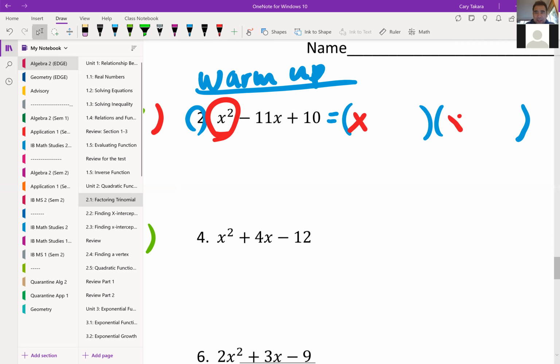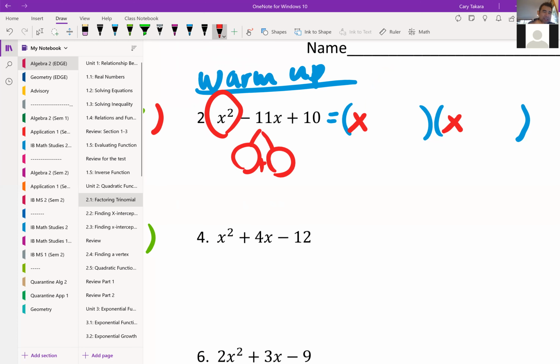You get that x squared, and there's only one way, and that is from x times x, right? When you distribute x times x, that's how you get x squared, right? There's no other way. And so it has to be x and x, okay? So that's the first step. Second step is, you're going to skip the middle term, negative 11x, because negative 11x is coming from adding two sources, right?